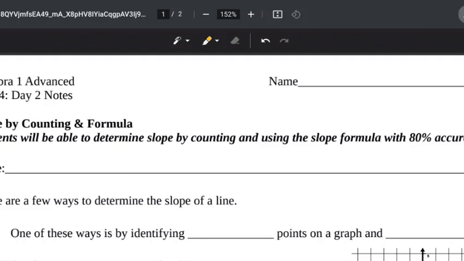So to start, we're going to talk about slope. Slope is how steep a line is.